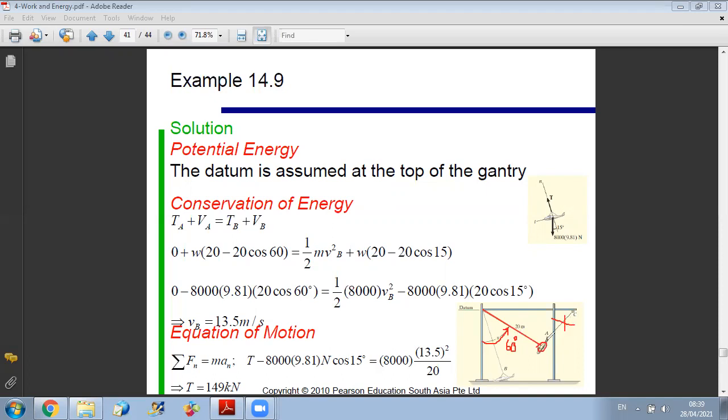So the airplane will do, if you want, an oscillation. In case you don't have the ground here, it will oscillate. But since you have the ground, you will have a shock, a collision between the two. The question is to determine the speed of your airplane just before hitting the ground.